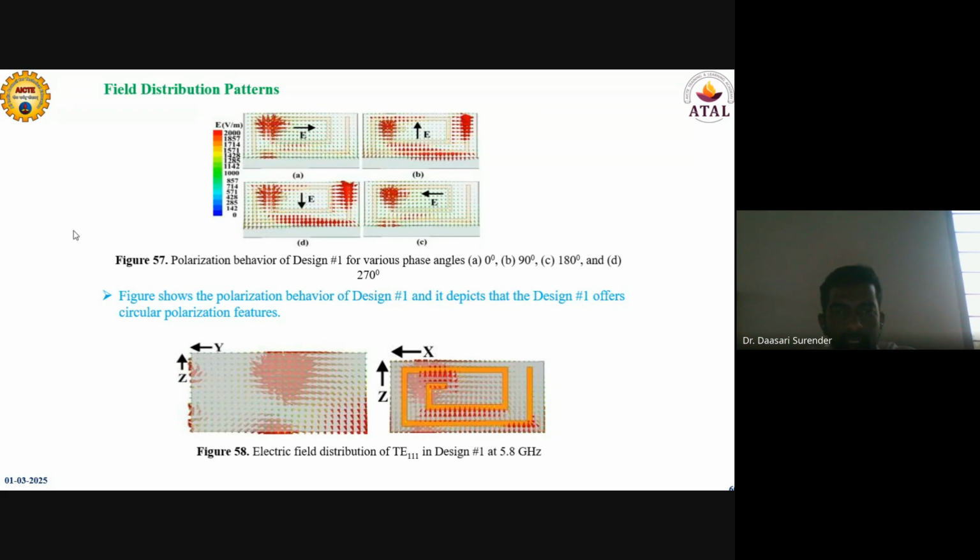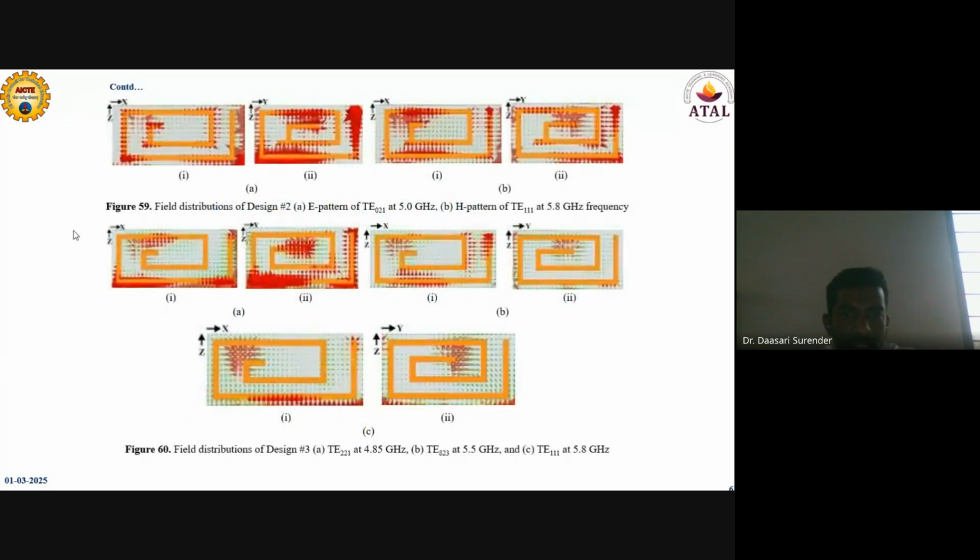As phi changes, the electric field orientation changes in the anti-clockwise direction. From that we can say that the antenna is providing a right-hand circularly polarized signal. And these are the various electric field distribution patterns of the different antennas.